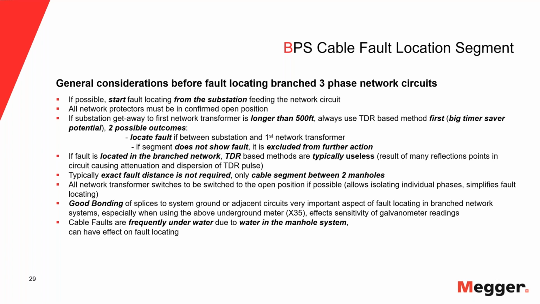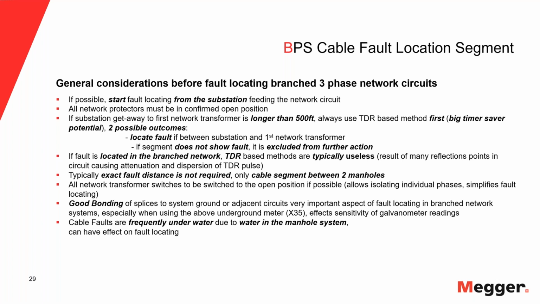So it makes sense to look at that section differently, because that is a true point-to-point fault locate. And so I can use the same methods that we just described on the industrial type circuits. That's the benefit of using a TDR for that portion of the network.